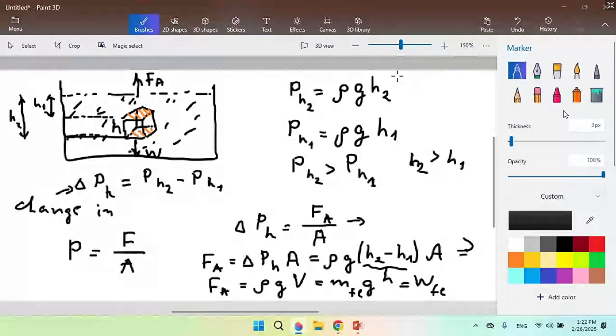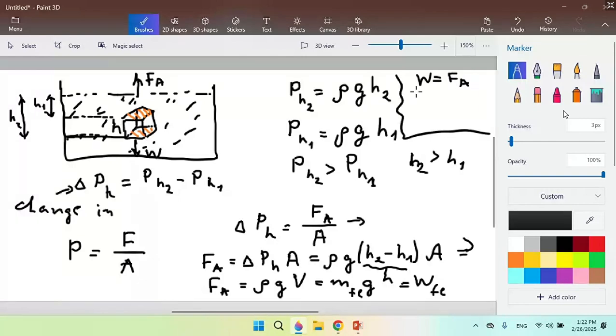I'm going to write here: if those two forces are the same, the cube will stay motionless within the fluid. If weight is bigger, then the cube will sink, moving downward and then resting on the bottom.